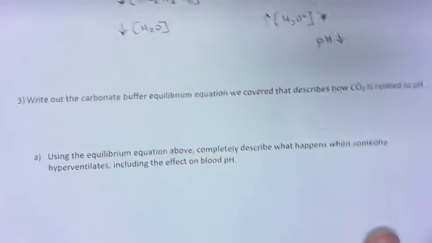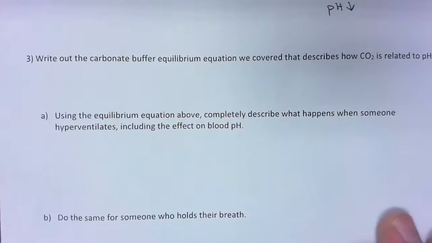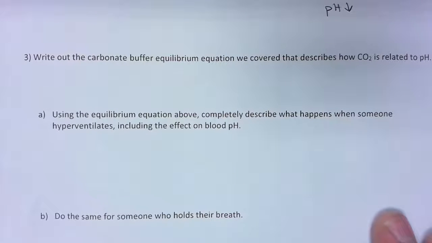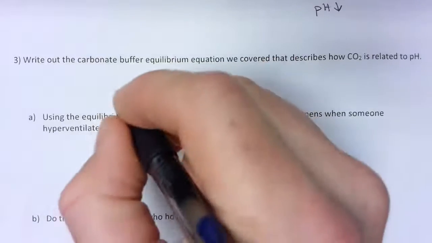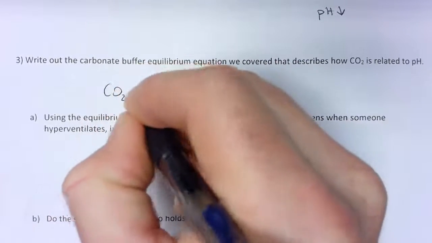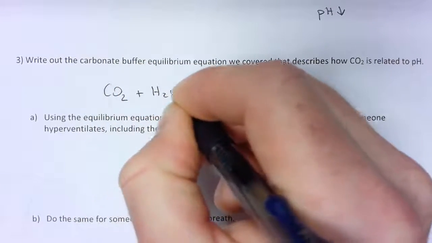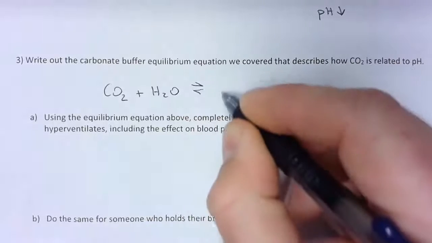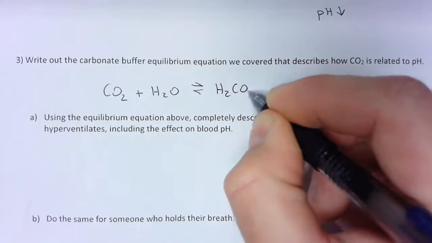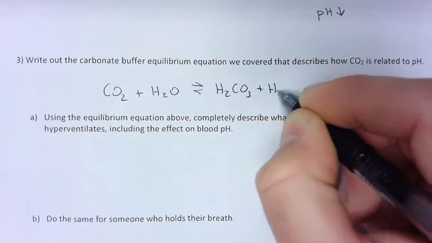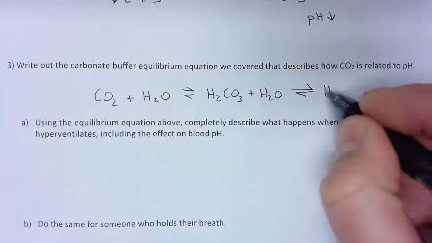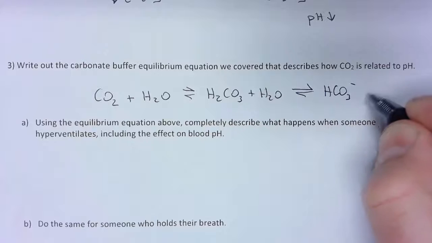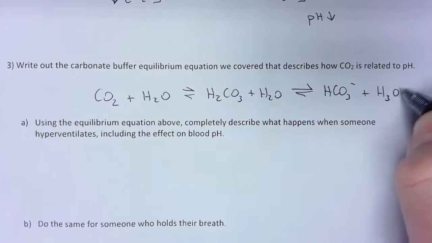Okay, number 3 says, write out the carbonate buffer equilibrium equation we covered that describes how CO2 is related to pH. So this begins with CO2 and water. These 2 will react to form carbonic acid, H2CO3 plus H2O, which will then react to form the bicarbonate ion and H3O+.